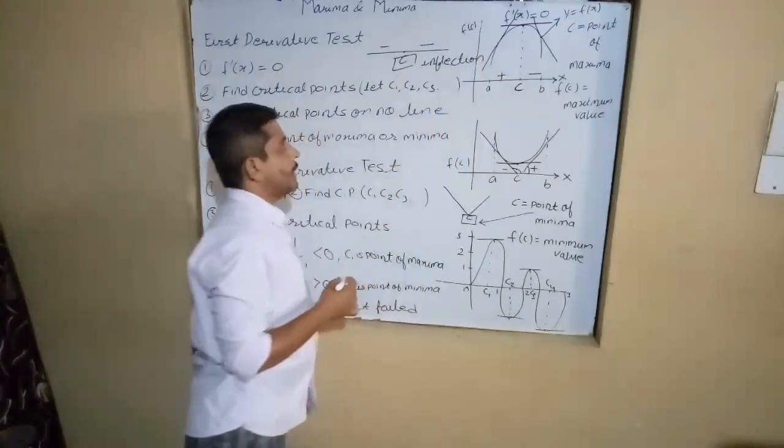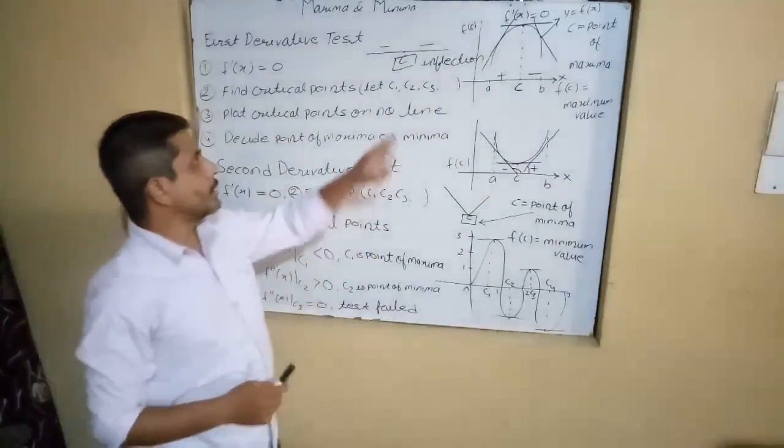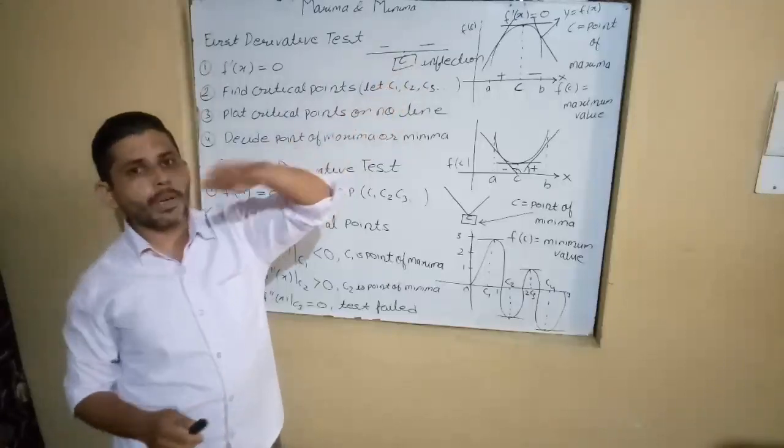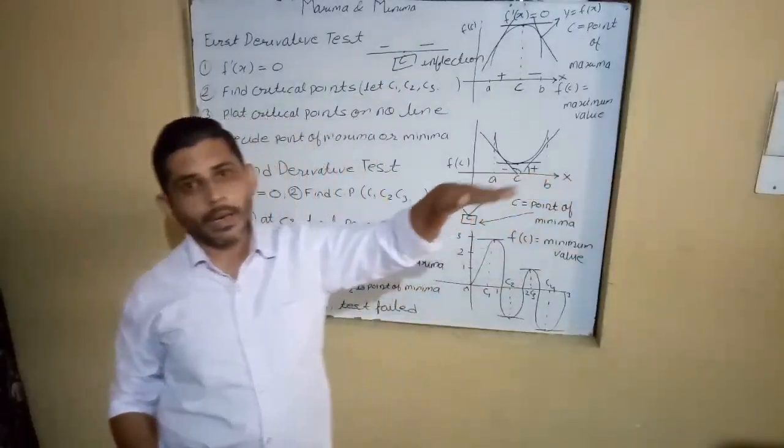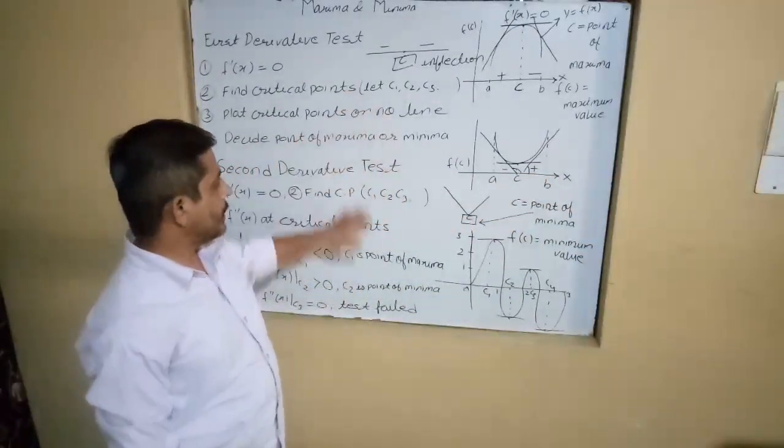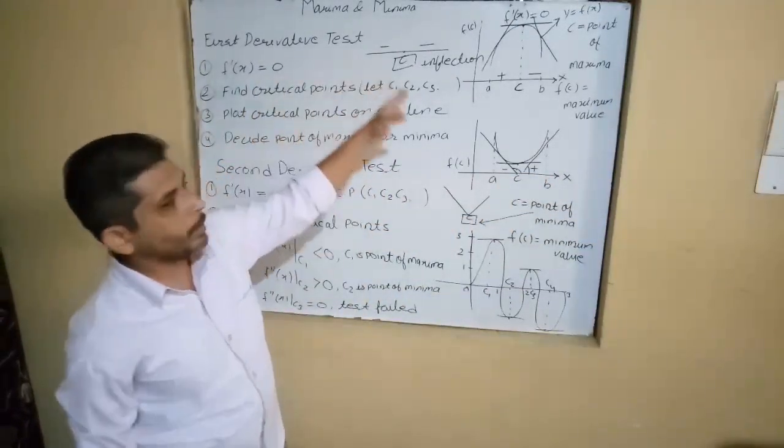Point of inflection means here it is not a maximum or minimum point. Here the graph is just like a straight line to the x-axis.